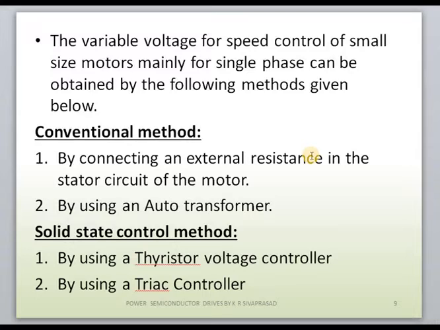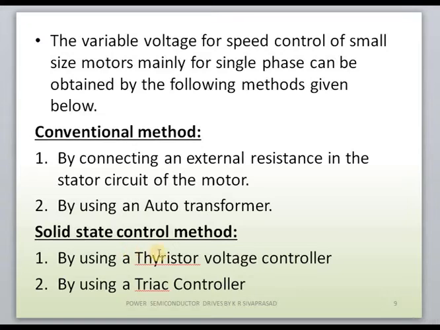We can clearly observe a drawback in the form of losses, because external resistance on the stator side means more losses, and more losses means the efficiency will decrease. The second method is using an auto transformer. The auto transformer produces a variable voltage, and with that we can control the speed of the machine.